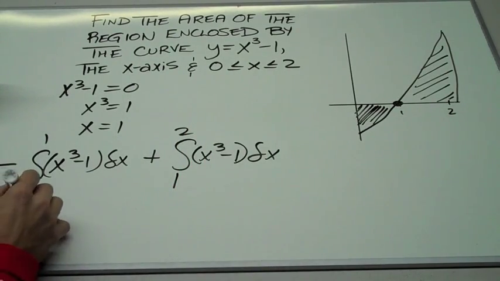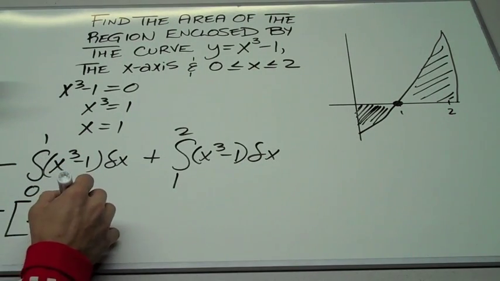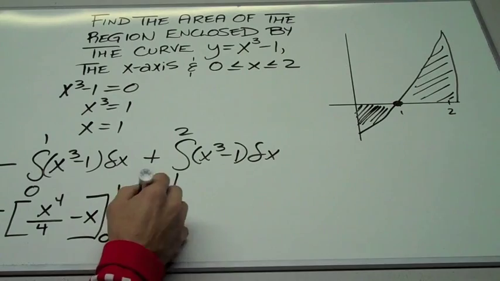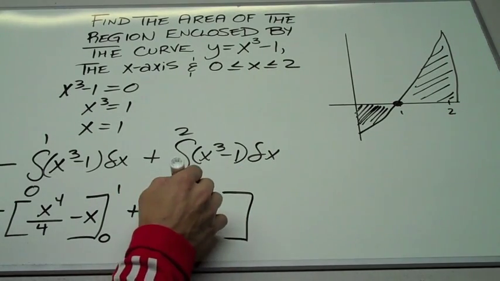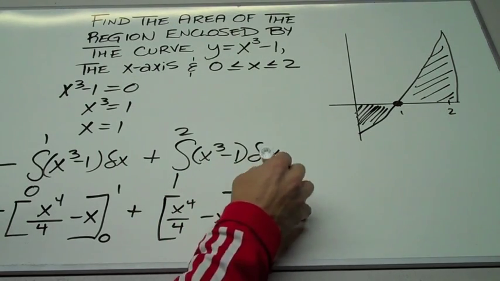So I'll get the opposite of, this will be x to the 4th divided by 4 minus x when I integrate this. You have to know your integration rules to follow me, from 0 to 1, plus, the same expression, x to the 4th divided by 4 minus x from 1 to 2.